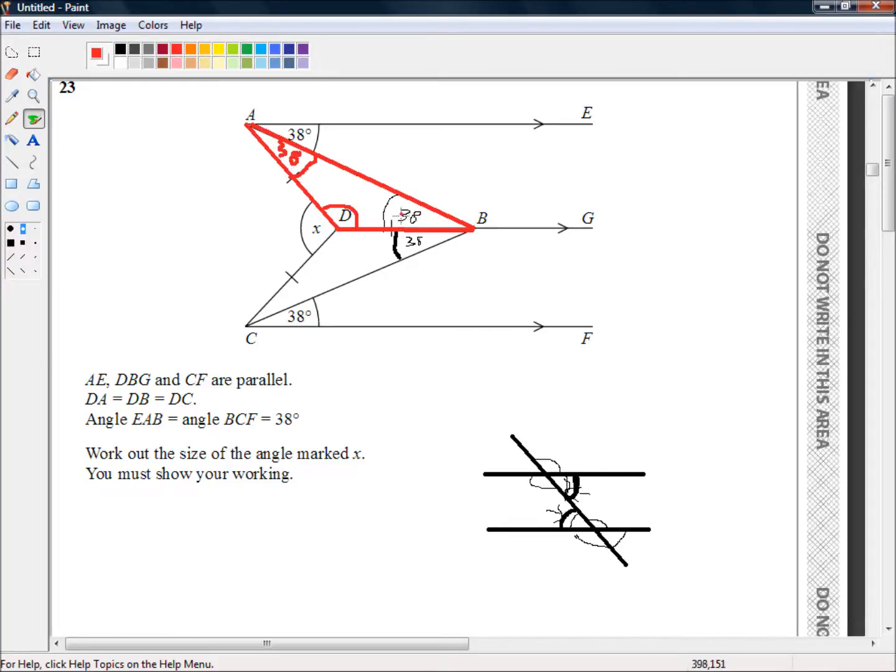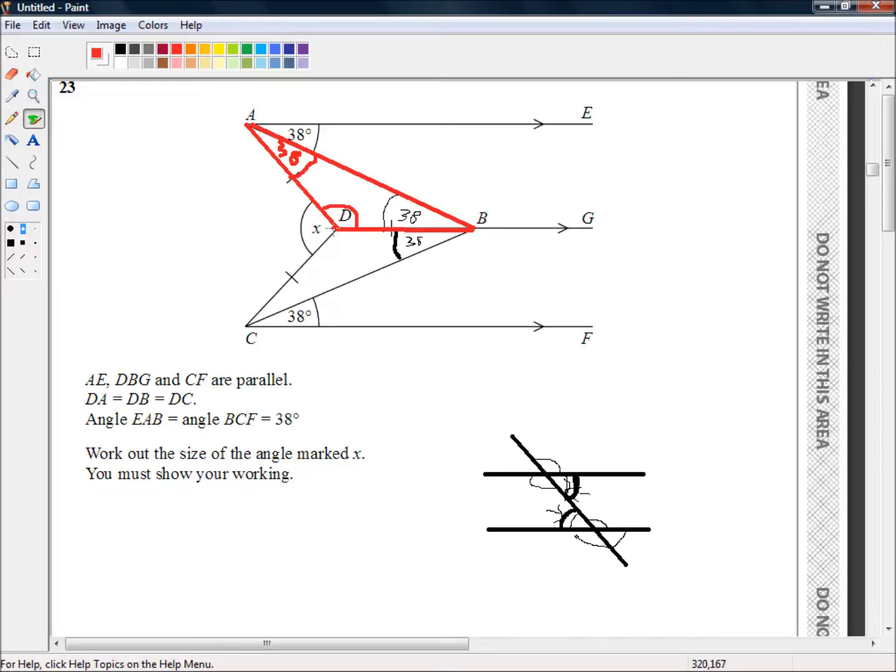So if that angle is 38 degrees and this is an isosceles triangle, then this angle must also be 38 degrees. And it's the angle where the two that are the same length touch the other side. So where the two lines are the same, this is the angle in the middle that we don't know, and it's the other two angles that are the same.